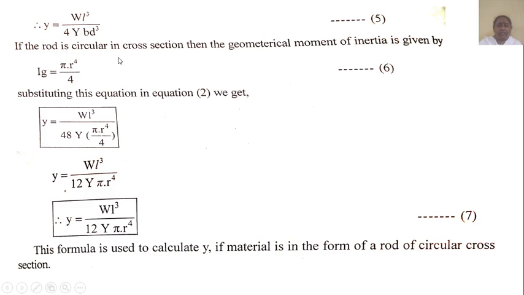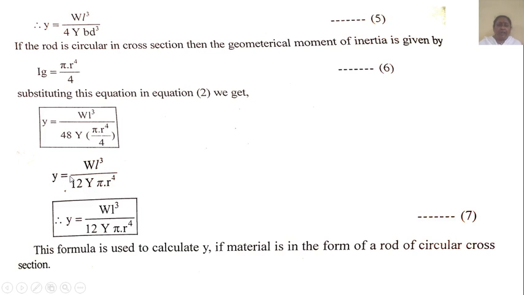If the rod is circular in cross section, then the geometrical moment of inertia is given by Ig equals pi into r raised to 4 upon 4, and putting this value of Ig we get y equals W L cube upon 48 into Y into pi r raised to 4 upon 4.